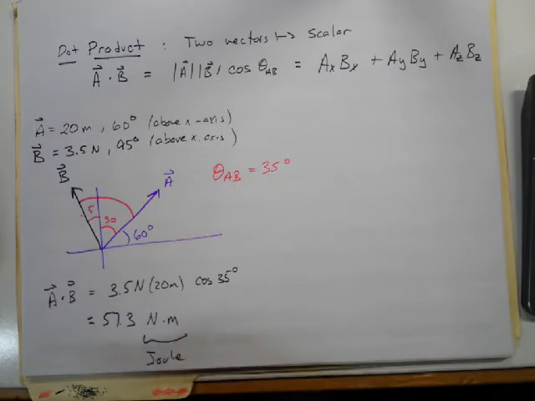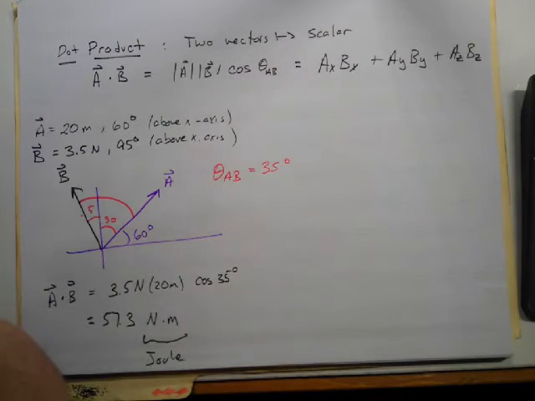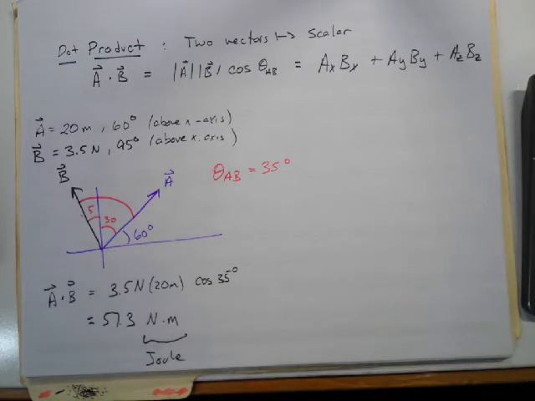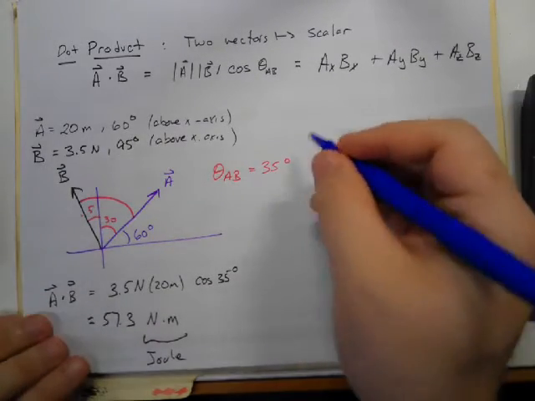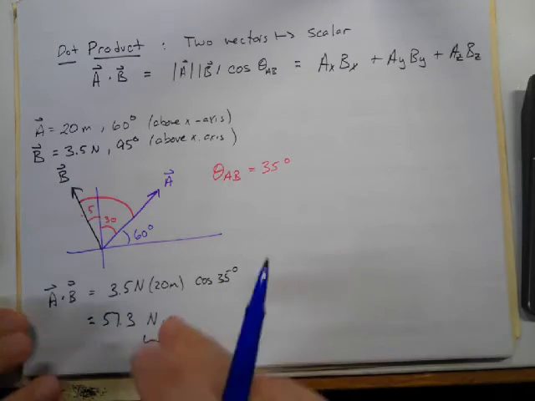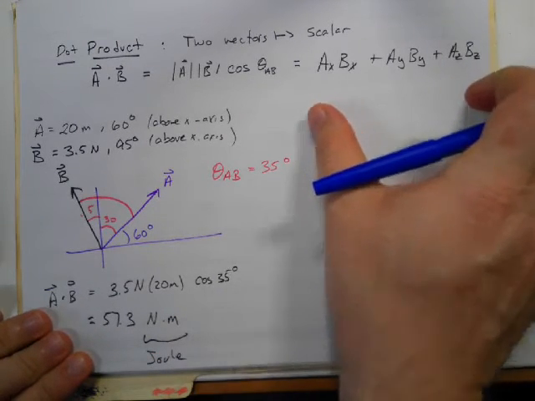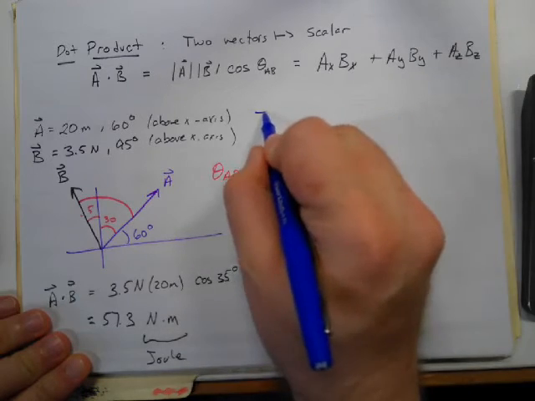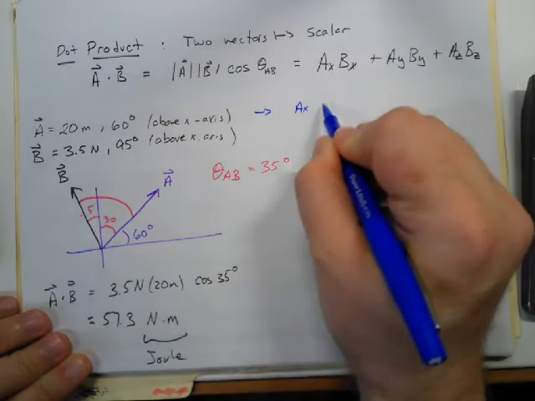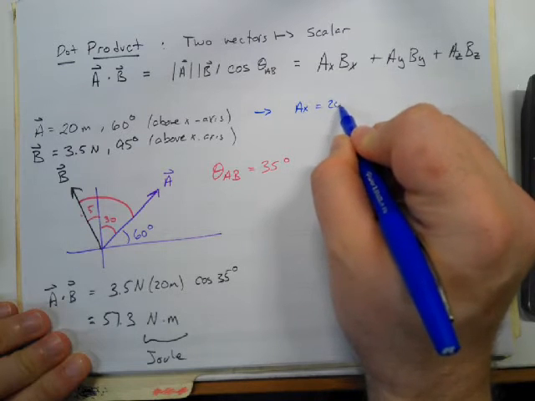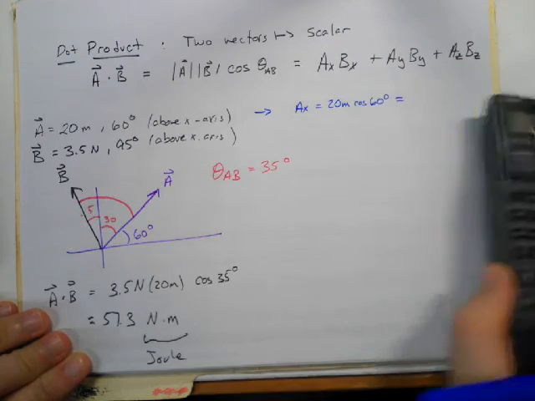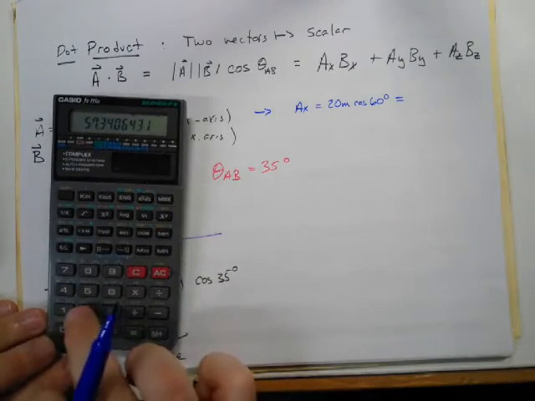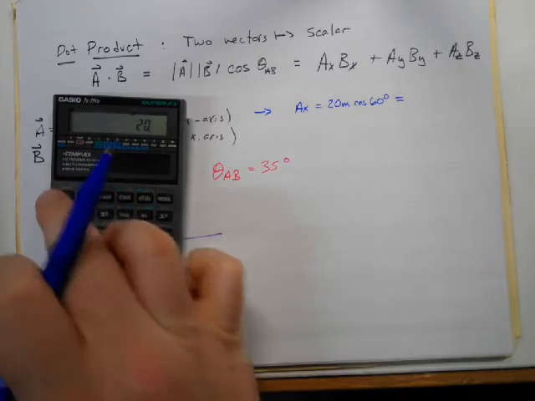So we also need to go and consider the components. What components are relevant in this problem? And does it give you the same thing? If we do this procedure, do we get the same thing? So we're going to find A sub x is 20 meters cosine 60 degrees.